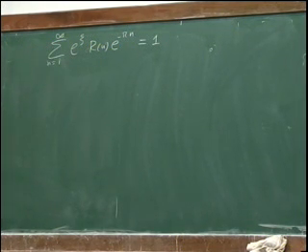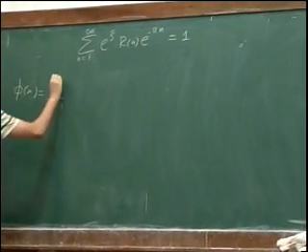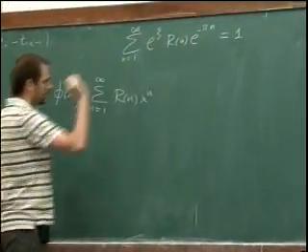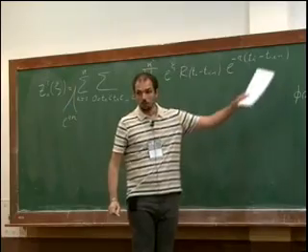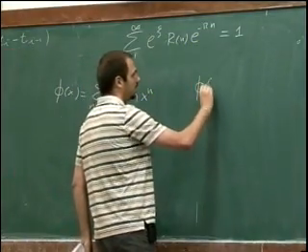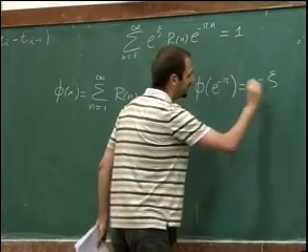Now, why is this possible? It's quite easy. Let us, for simplicity, introduce the generating function. We have seen a lot of generating functions of the sequence Rn. Then we can re-express this condition by saying that phi of e to the minus R equals e to the minus zeta.